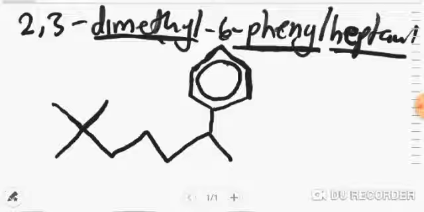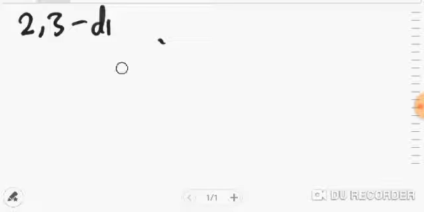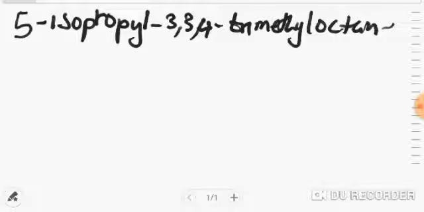Now let's move to the other one. The other one is 5-isopropyl-3,3,4-trimethyloctane.